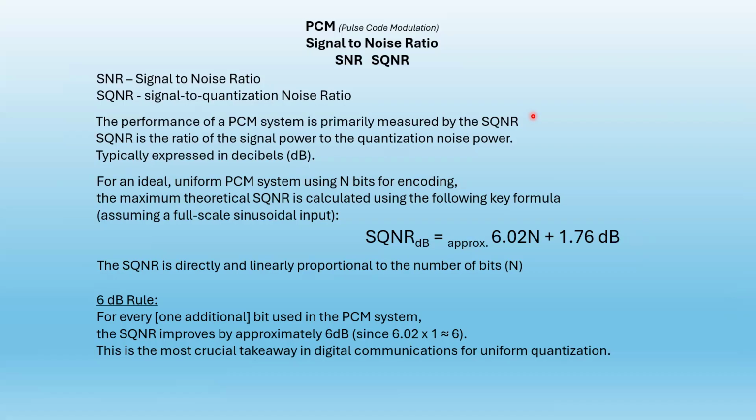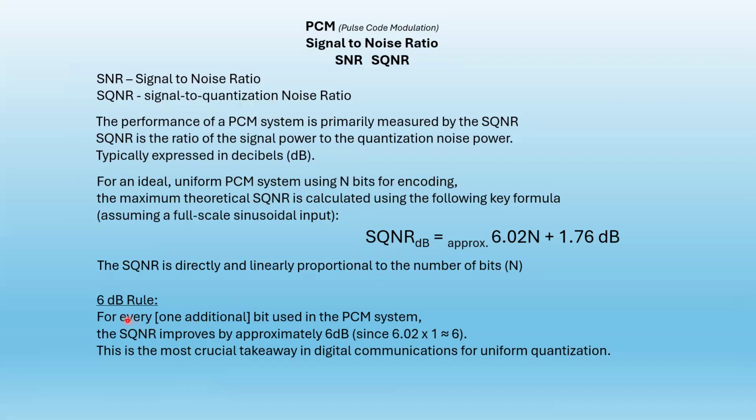The fewer bits, the more inaccurate the recreation of the signal is going to be, which is going to create more error, which is going to translate into a worse SQNR, signal to quantization noise ratio.